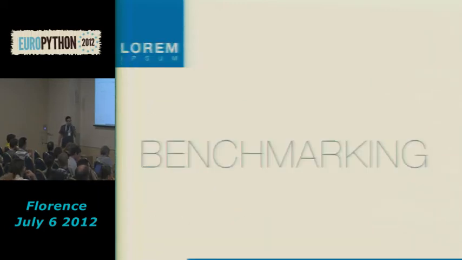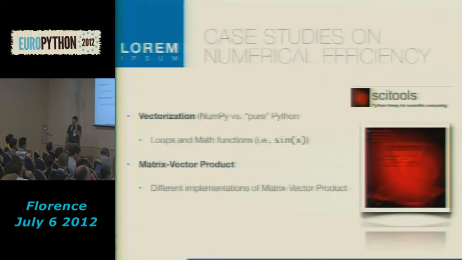Okay, so the first case study regards benchmarking, and in particular tries to prove the claim that in NumPy explicit for loops are not a good idea. In particular, we have two different examples.